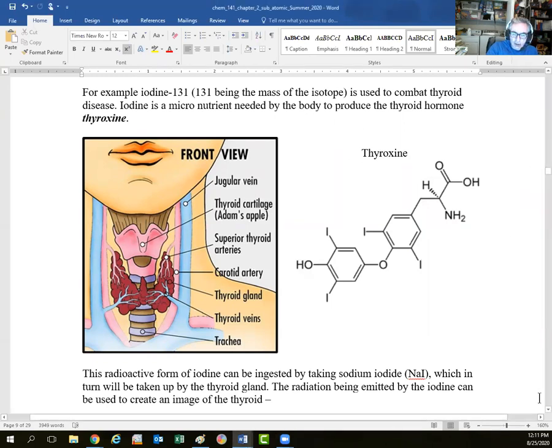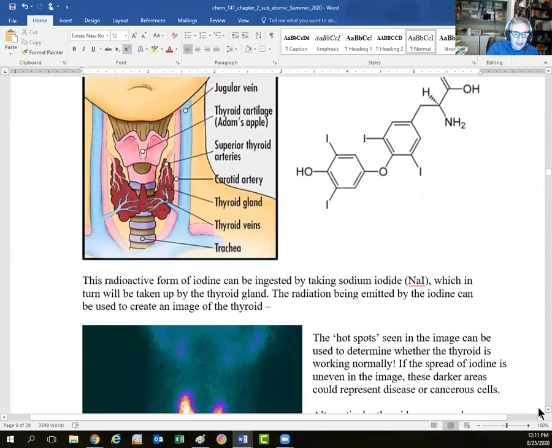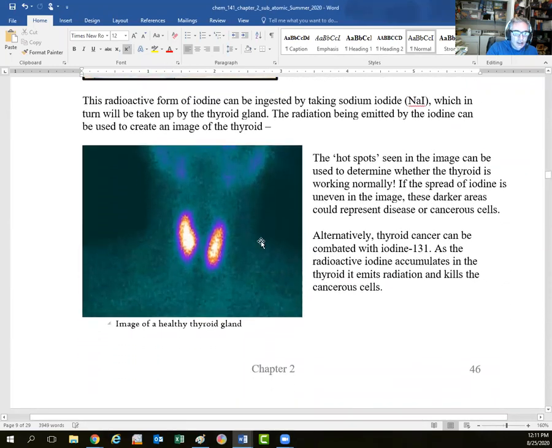And those images, by intensity of the radiation, show us where the iodine is being stored. If the two thyroid glands look to be the same shape with the same color intensity, that even spread of iodine suggests that we've got healthy thyroid glands.